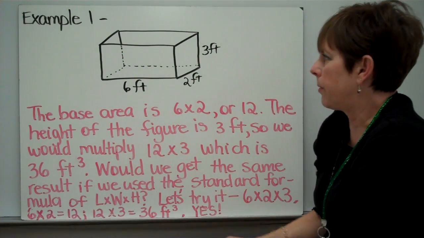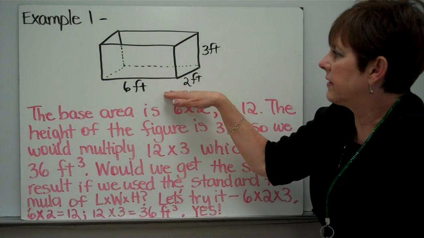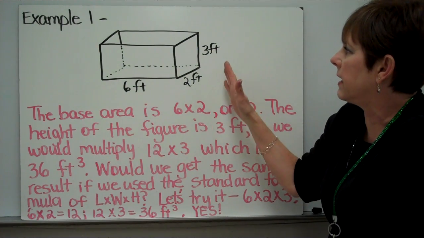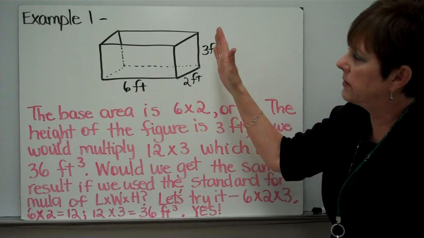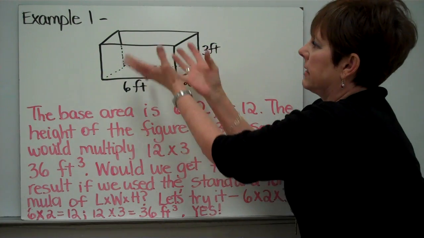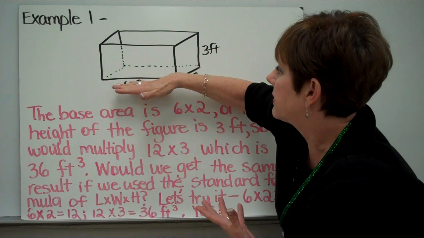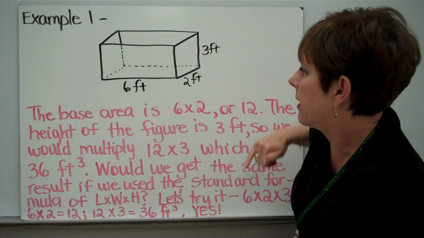If you're thinking, I don't exactly know what you're talking about, let's look at these examples. Here's our first example. Here's a rectangular prism. We see that the length is 6 feet, the width is 2 feet, the height is 3 feet. The base area is what the figure is sitting on. That's its base. You can see that it's sitting on this length and this width.